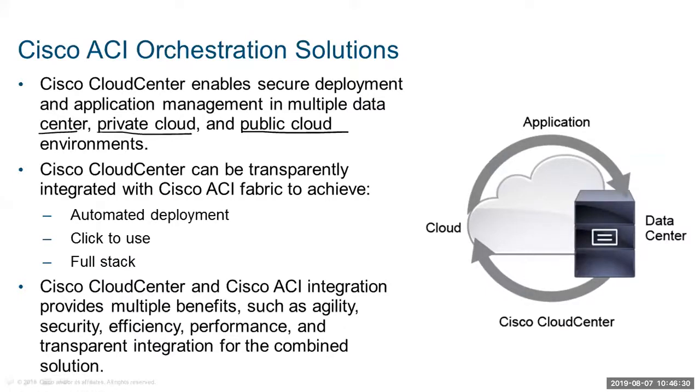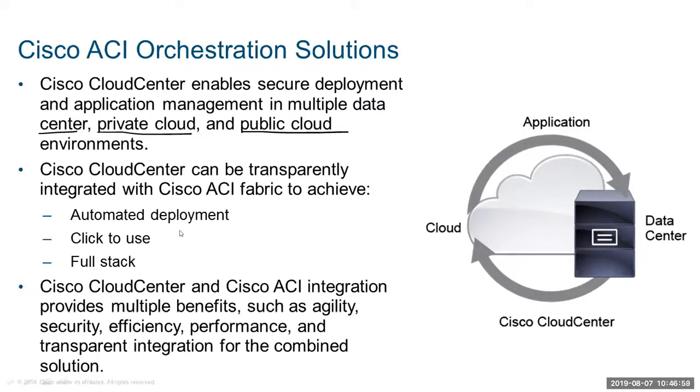And it ensures that ACI would go ahead and implement your network policy and configure these fabric switches based on the application's requirements. So you can actually transparently integrate the Cloud Center with ACI.